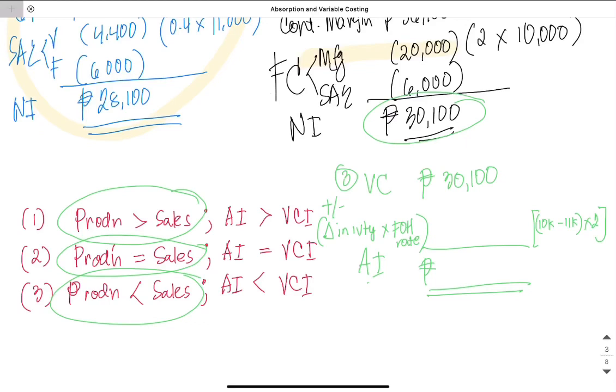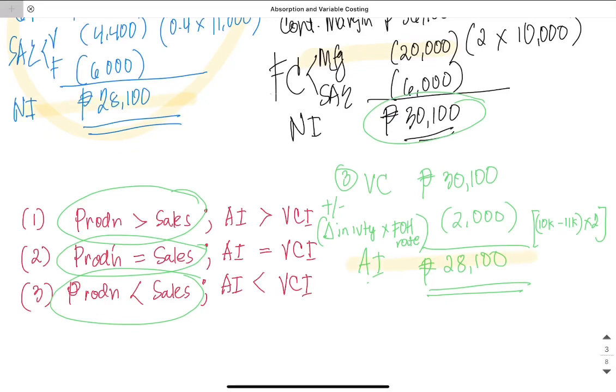Negative 1,000 times 2 is negative 2,000. You just have to retain the sign. So 30,100 minus 2,000 will give you 28,100. So what you can see, we have the same answer.